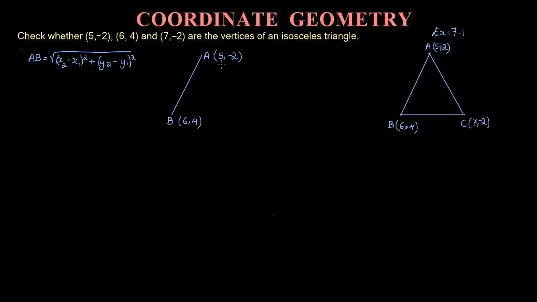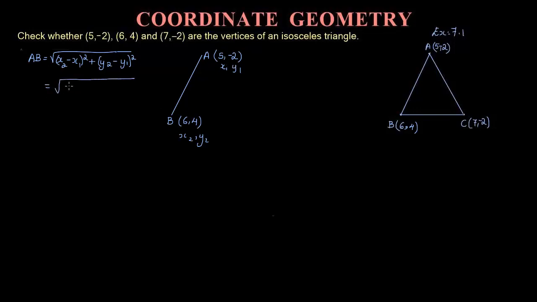So what is x1 y1? If I am taking this one x1 y1 and this one x2 y2, you can take by changing it also, you are going to get the same answer, because it is the square, and the square of a positive number as well as the negative number, you will be always having positive, right? So we can just substitute it over here.